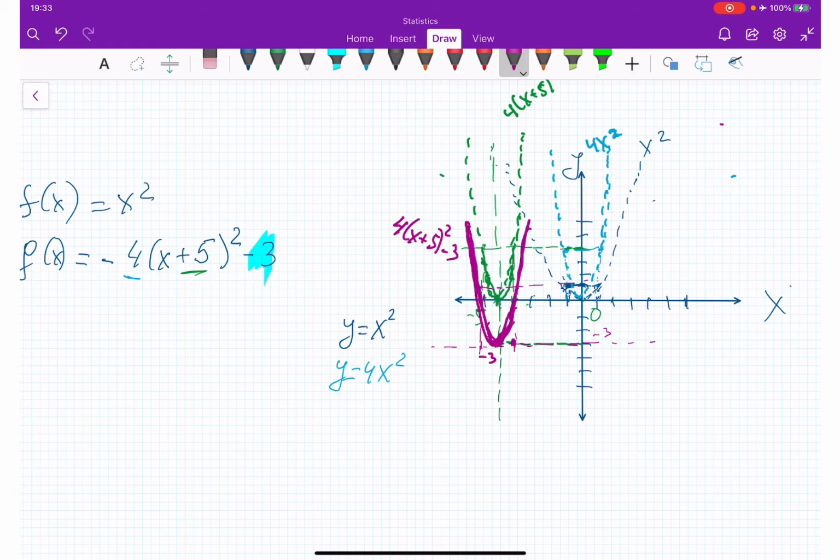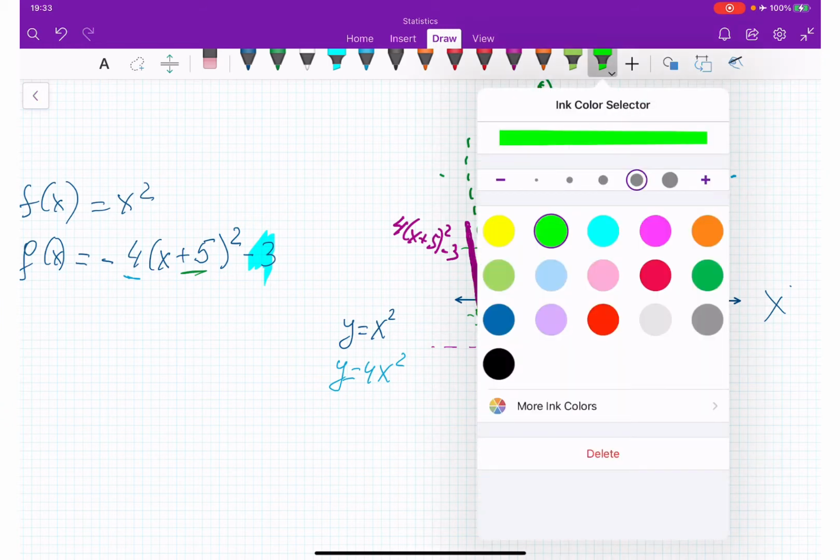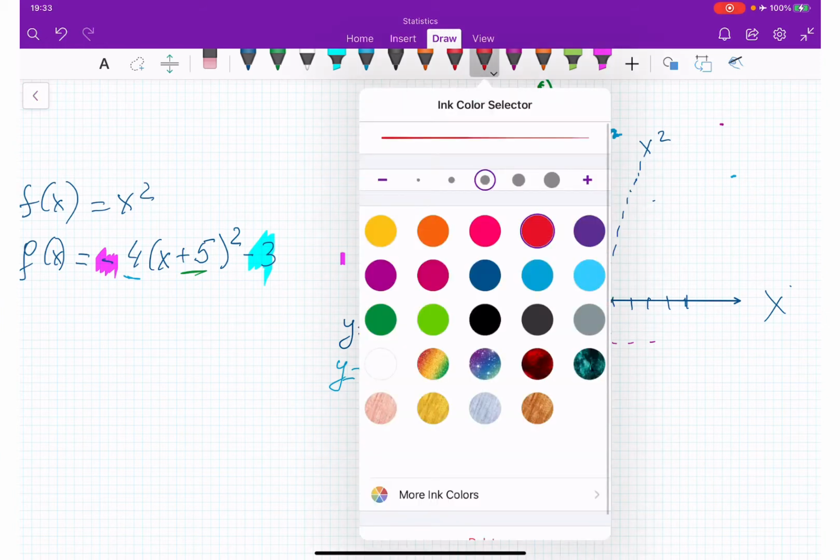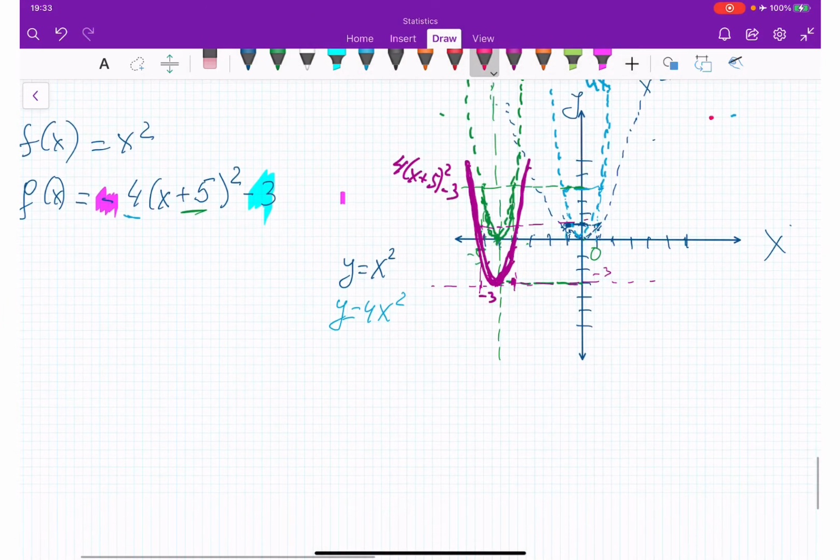Okay, so the only thing left to complete is our negative sign, to flip it. So I'm going to take red color. Because it's negative, the y is going towards negative.